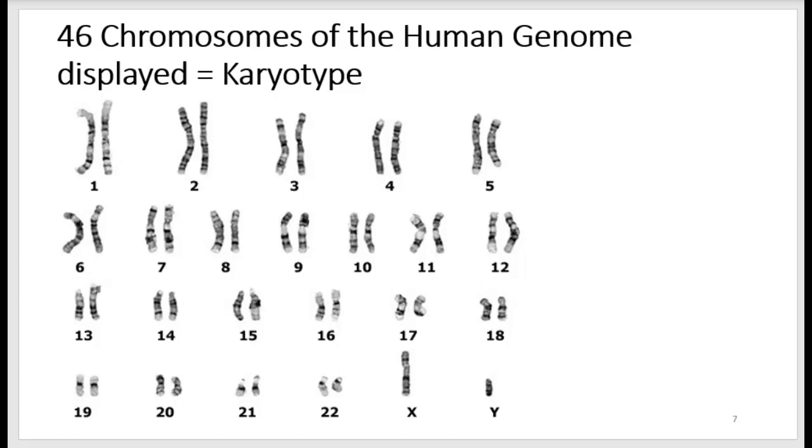When cells divide, the chromosomes become tightly coiled. We call that supercoiled, so that they're visible under the microscope, and then you can see them as you see them here. Displaying chromosomes in this linear arrangement is known as a karyotype, and it helps geneticists look for damage and any abnormalities.